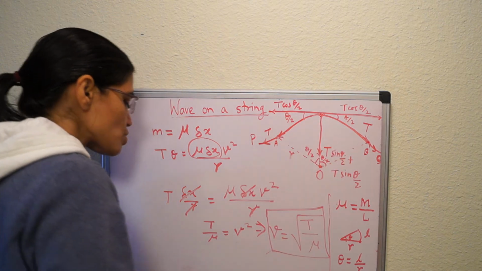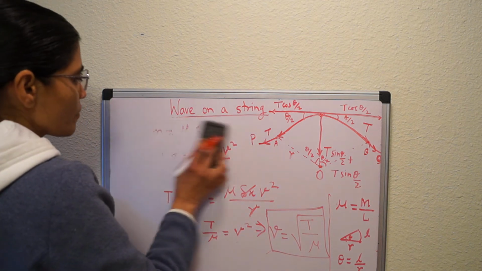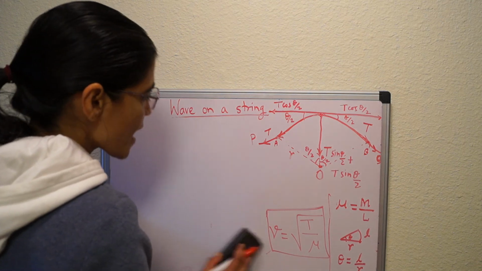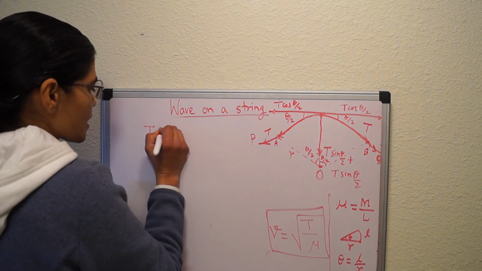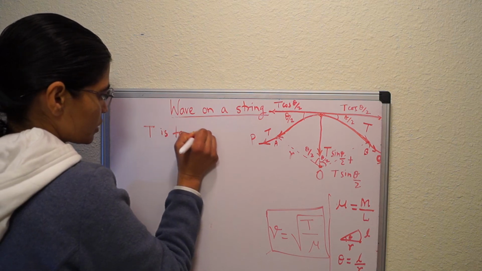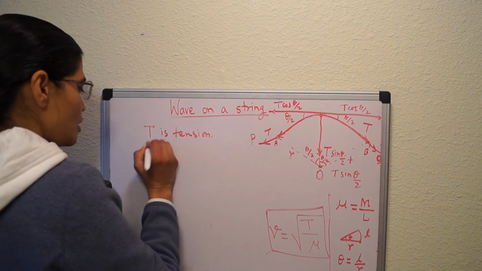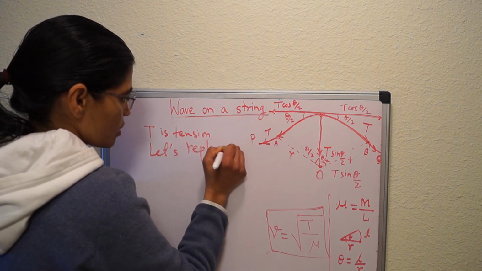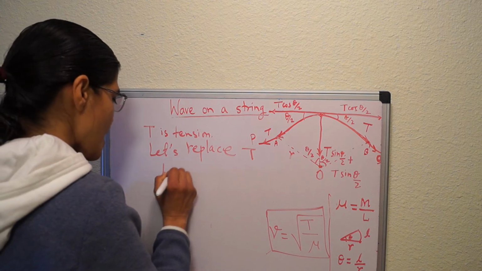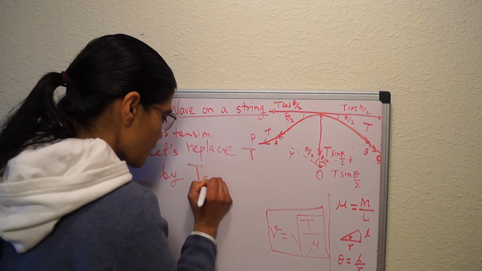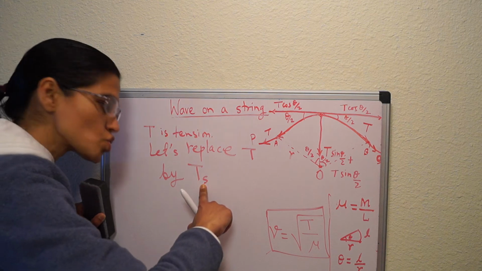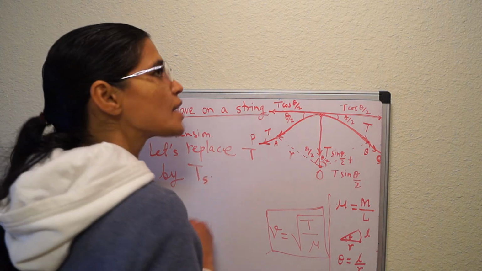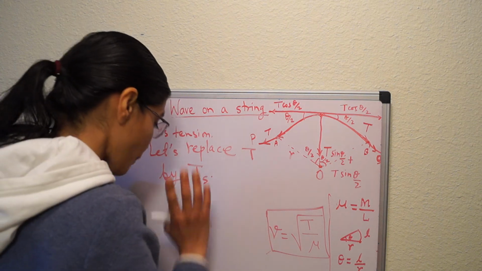I have been using t here, so just to tell my mind and even your mind that t is tension, let's replace t by t subscript s, meaning tension on the string, okay? So we don't get confused between the period t and the tension t, okay? This is very, very important.